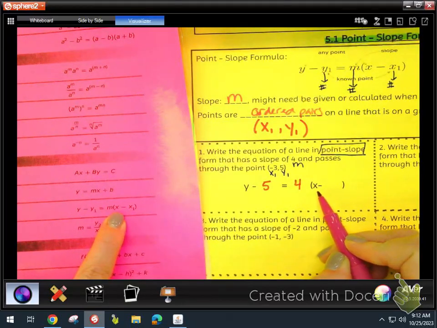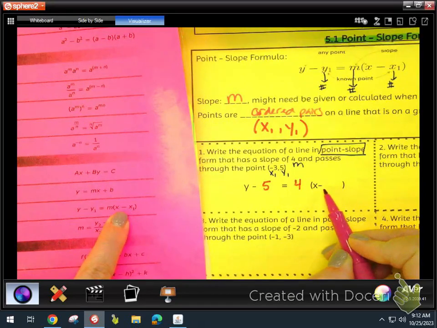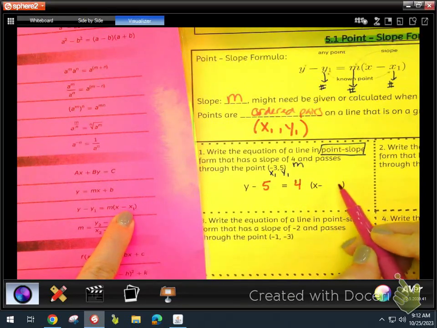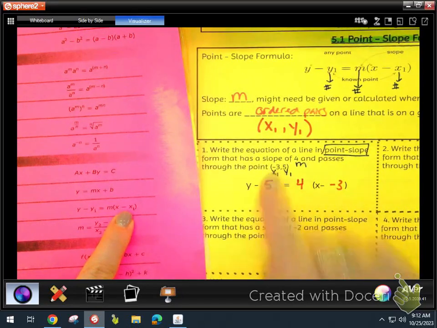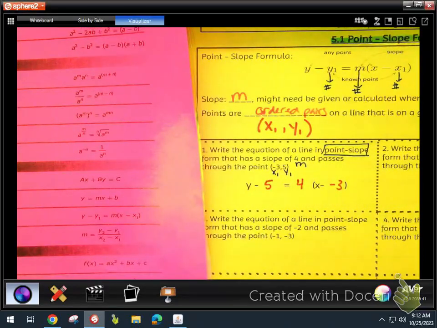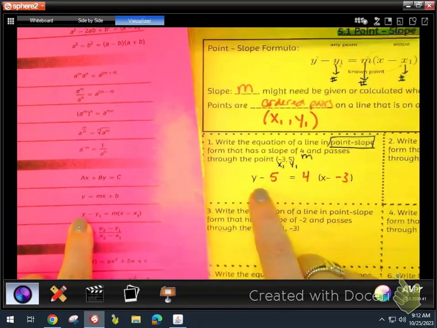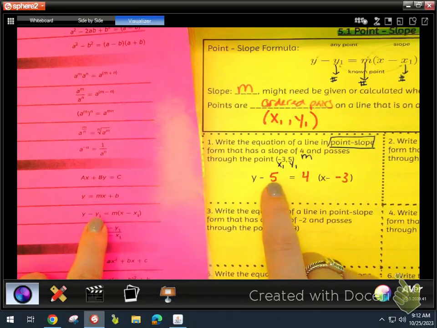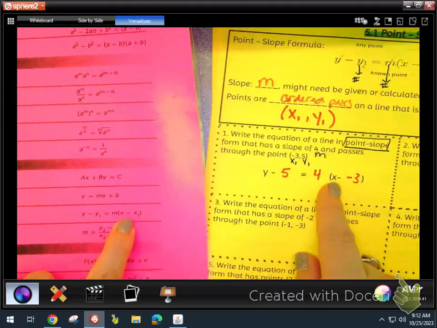That stays as plain x minus, what's my x1? -3. So that's how I plug it in. Did y'all see how I had my finger over here on this formula and I was following the formula? y minus y1 equals m times x minus x1.